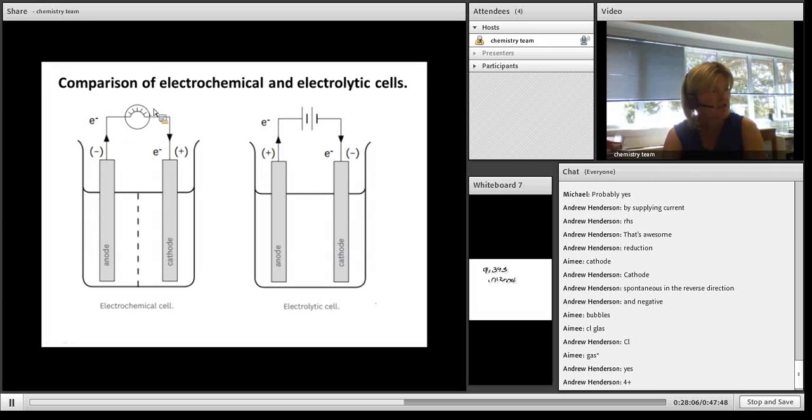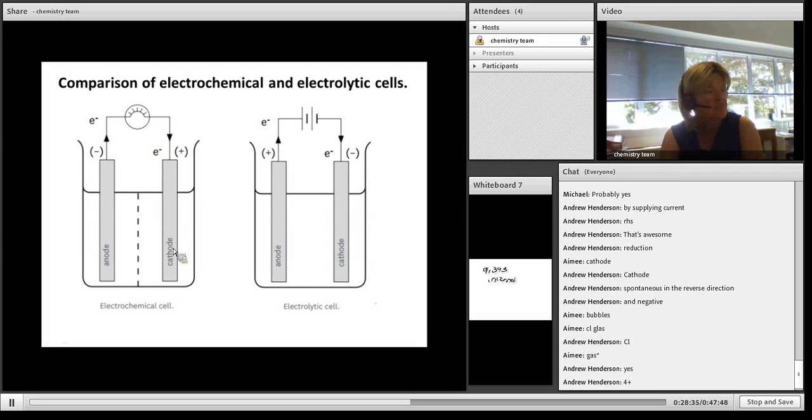And of course, we have some means of either measuring the potential difference, like a voltmeter, or we simply have, say, a light bulb over there showing that current is being produced. So remember, electrochemical cell produces a current, and we show that either with a voltmeter or a light bulb, or it could be an ammeter as well, some sort of way of measuring that electricity is being produced.